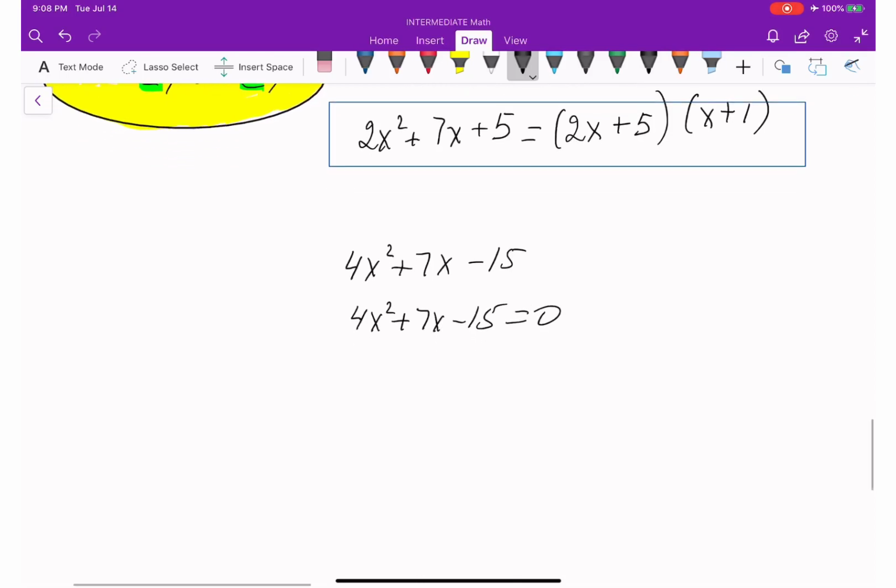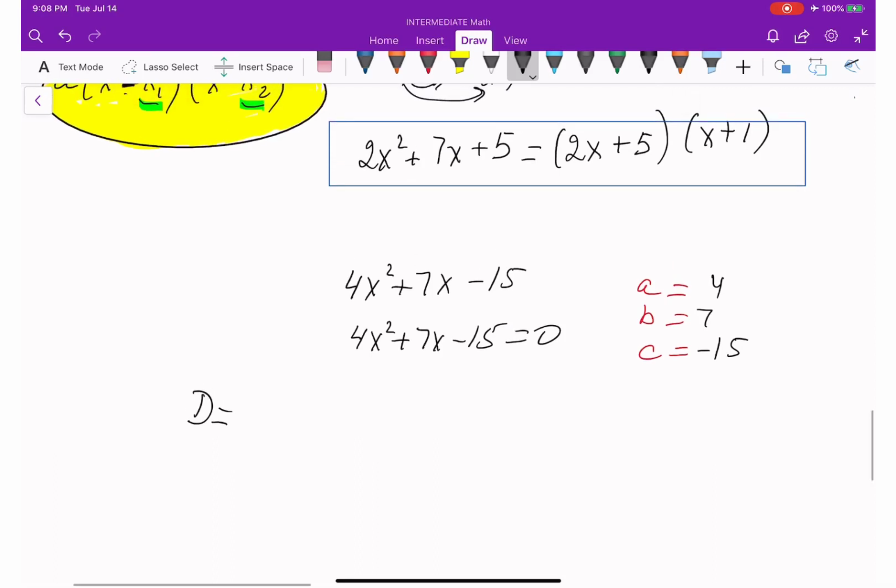So from here, discriminant, okay, let's write down a, b, and c. My a is 4, right? B is 7, and c is negative 15. All right. So discriminant d is equal b squared, which is going to be 7 squared, minus 4 times a, which is 4, and c, which is negative 15.